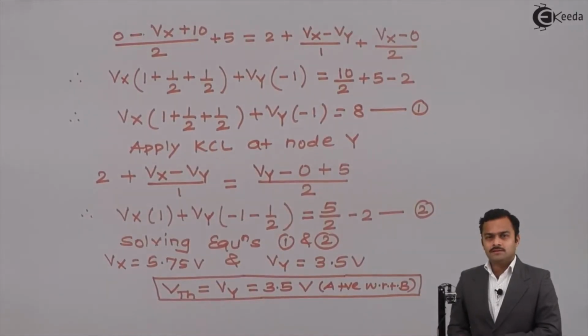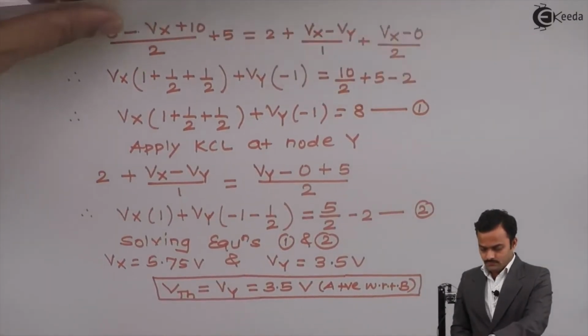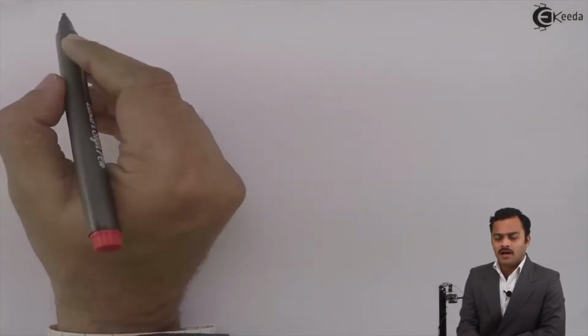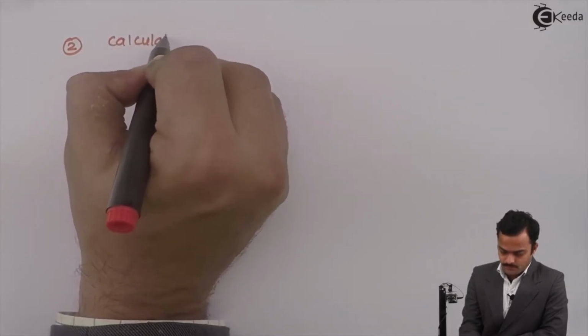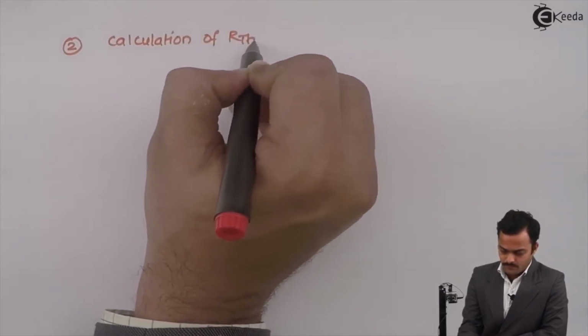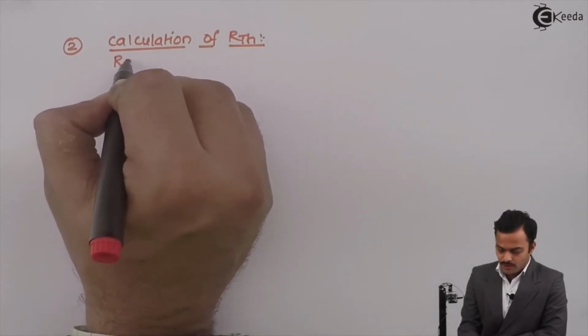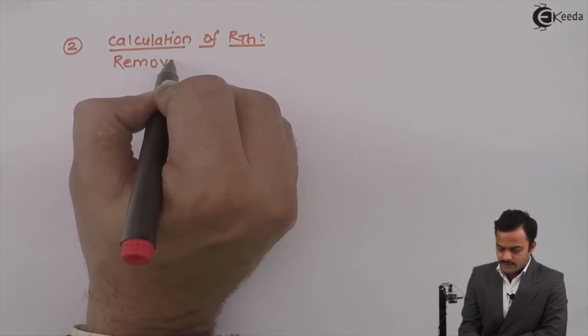Step number 1 is over. Let's go to second step. Step number 2 is all about calculation of RTH. For this, we need to do certain modifications to the original circuit.